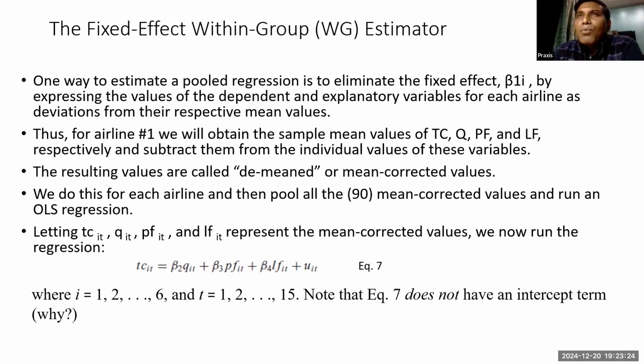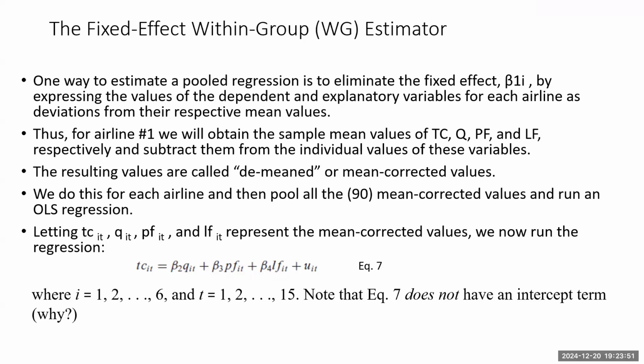So you might say, then what is the fun? Why are we complicating life unnecessarily? By doing so, we are achieving one very, very important objective. We are getting rid of the alpha i's that we have included in the model. Why? Because since these are time invariant, what is the mean of a variable which is time invariant? That variable itself, yes or no?